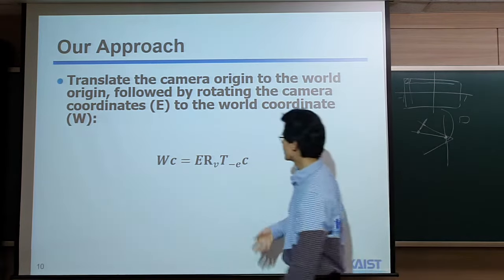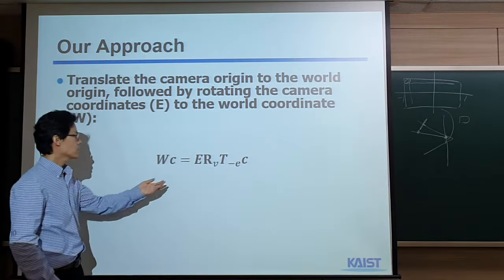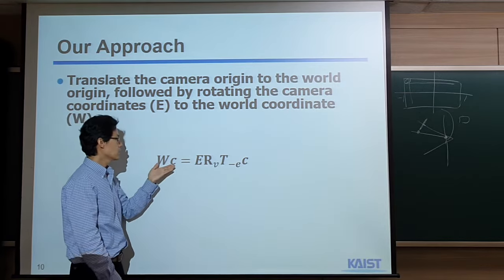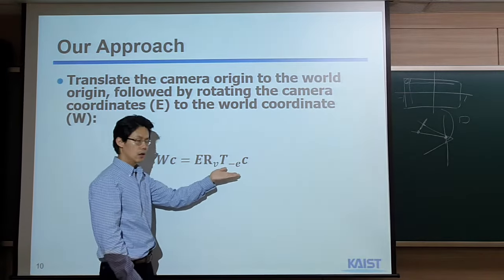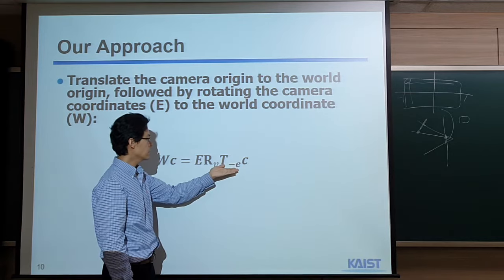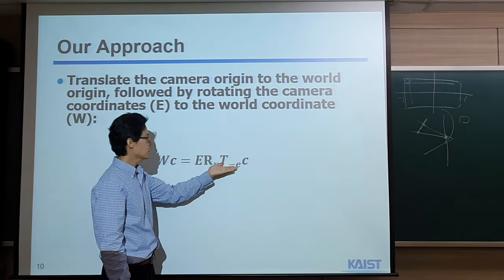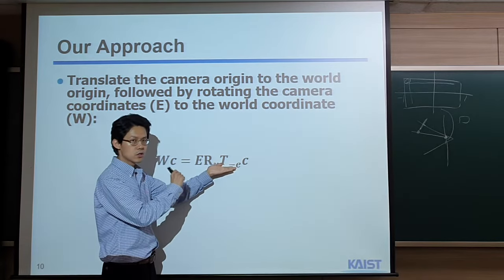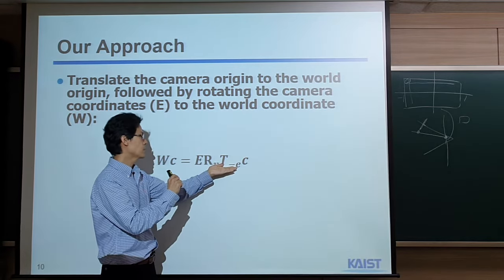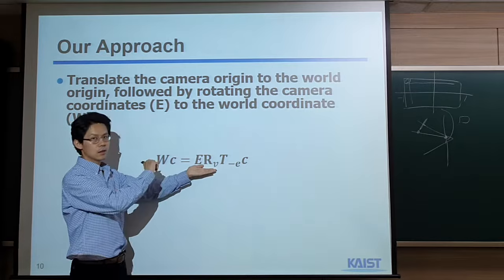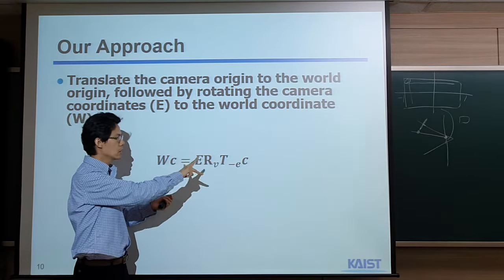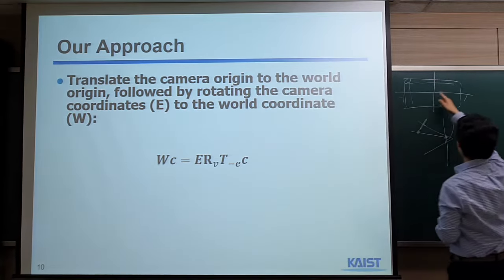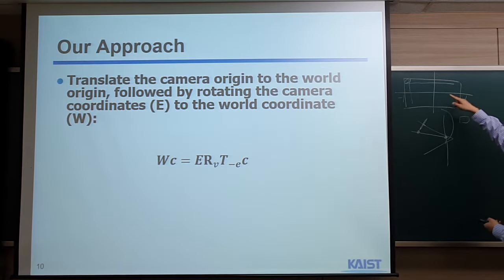In other words, suppose you define the coordinates in the world space like this. Then you translate the camera origin: you take out the camera origin, and that origin should be located at (0, 0, 0) in the world space. And then we rotate it to this canonical direction.